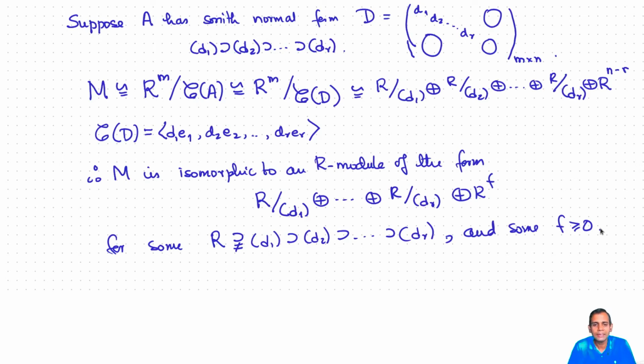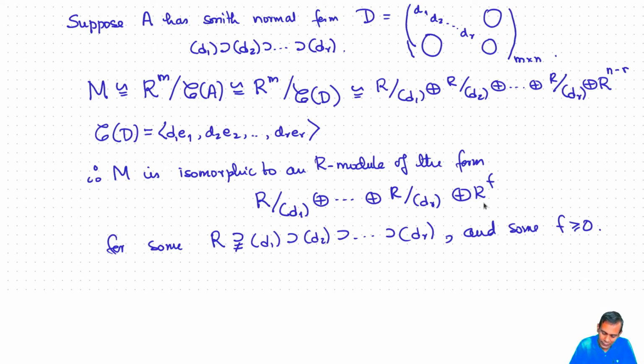What we see is that every finitely generated R module is a direct sum of what are called cyclic R modules, modules of the form R mod d_i for some element d_i of R. Moreover, these elements d1, d2, ..., dr can be chosen in such a way that the ideal generated by d1 contains the ideal generated by d2, which in turn contains the ideal generated by d3, and so on.